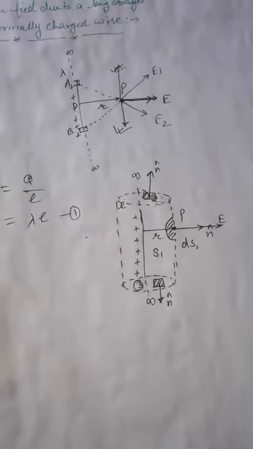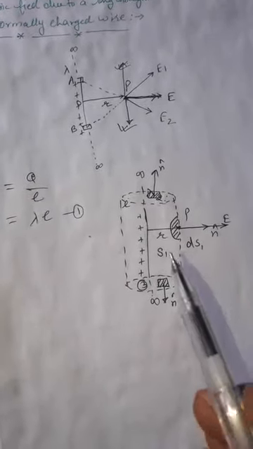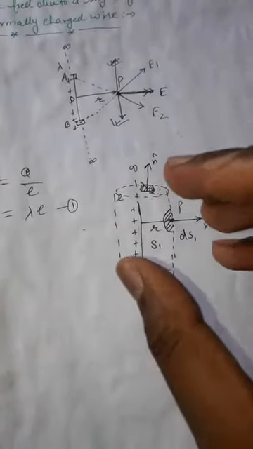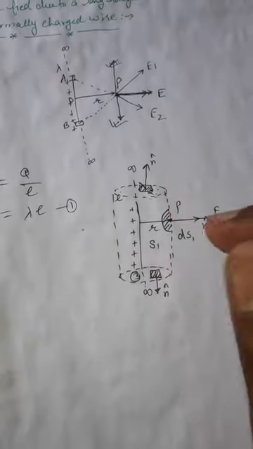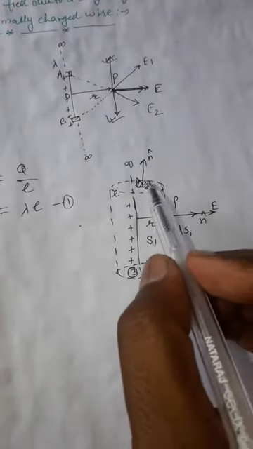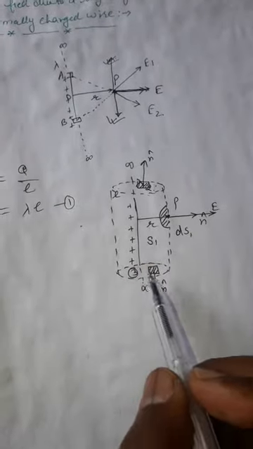Okay, so if we calculate the total electric flux passing through this cylindrical surface, then it must be the flux passing through the curved surface plus flux through this upper disk or this lower disk.